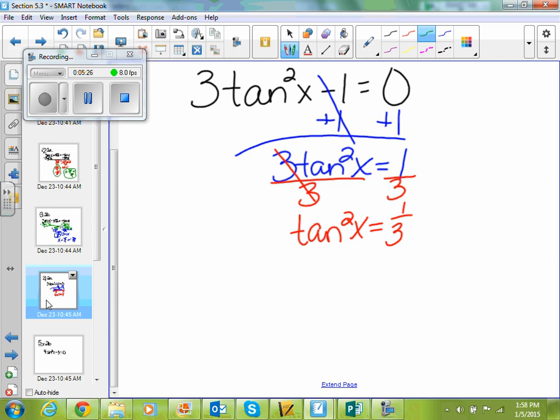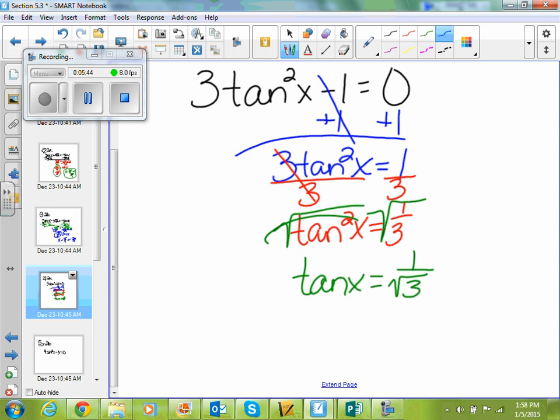And how do I get rid of a squared? Square root. So tangent of x equals square root of 1 is 1, square root of 3 is just square root of 3. So I get tangent of x equals 1 over the square root of 3. I don't have tangent values on my unit circle, but I think most of you wrote them on. So if you wrote that on, where do we find 1 over the square root of 3 on our unit circle?